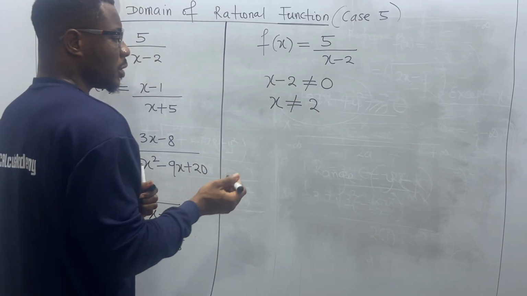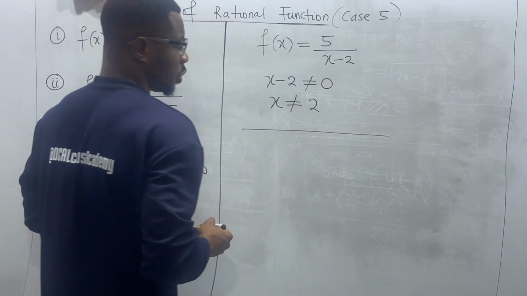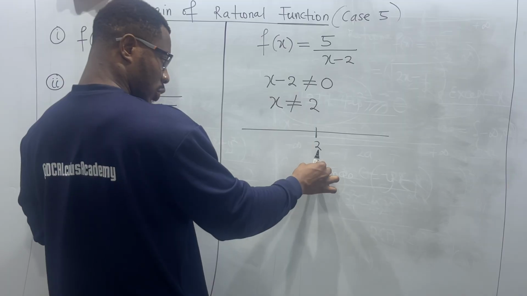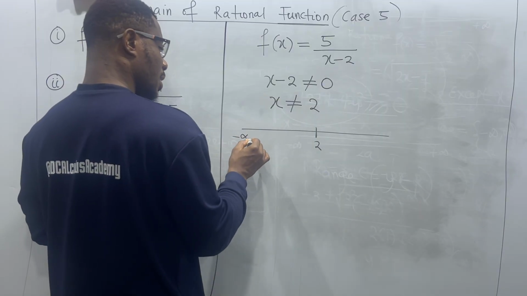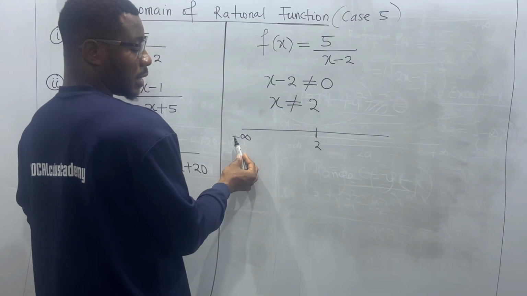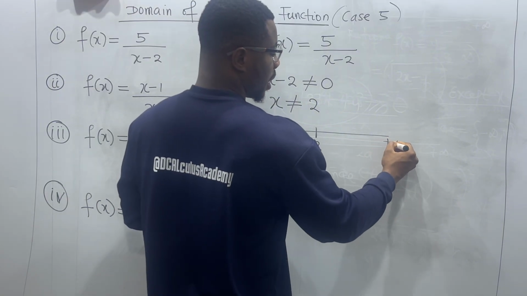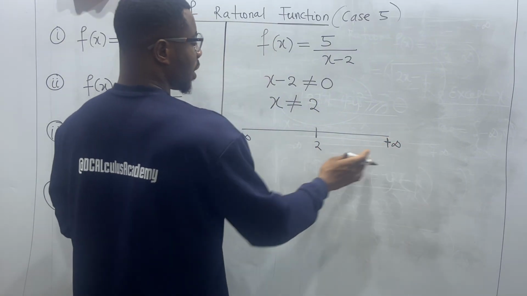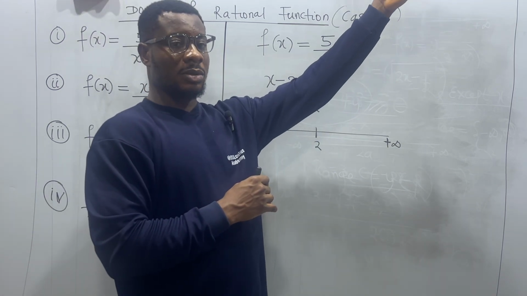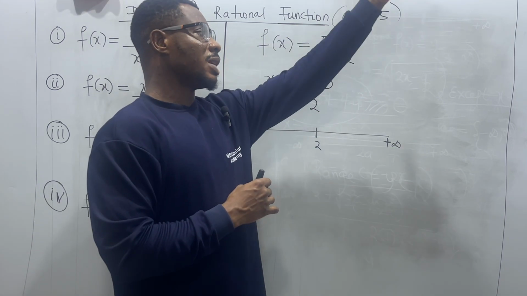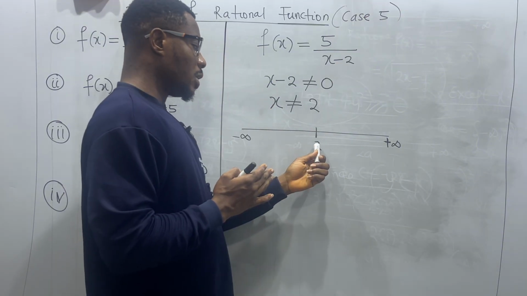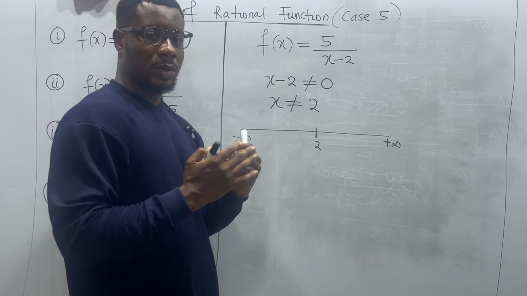Now, if I use the number line to show this, what this implies is that x cannot be 2, but x can be any number between 2 and positive infinity, which means from 2 and bigger numbers, and also any number between 2 and negative infinity. Above 2, bigger numbers could be x; below 2, lesser numbers could also be x.